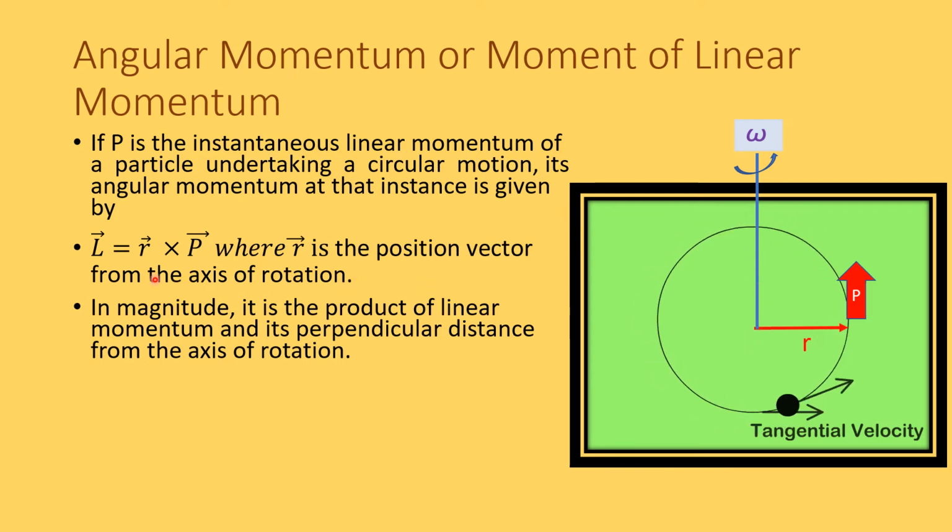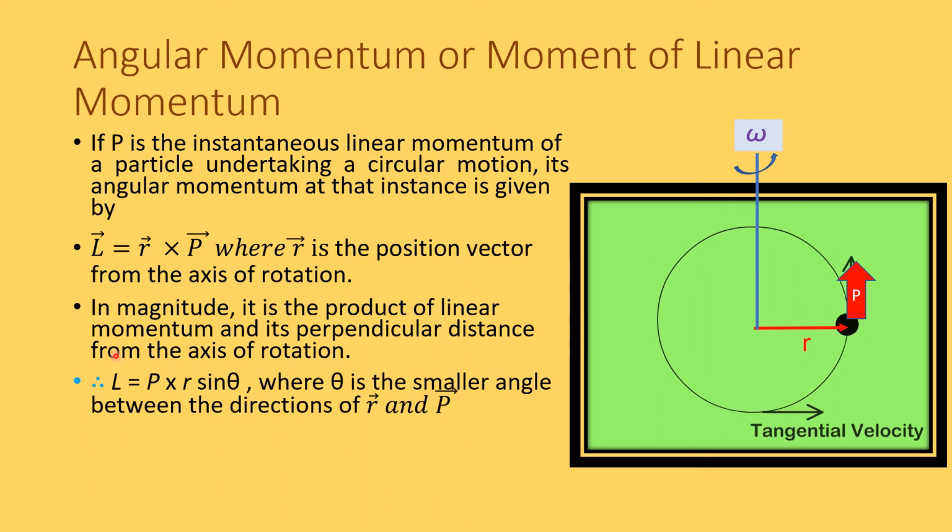So the magnitude of this angular momentum is given by L is equal to P into r sine theta, where theta is the angle between the direction of this r and the direction of this linear momentum.